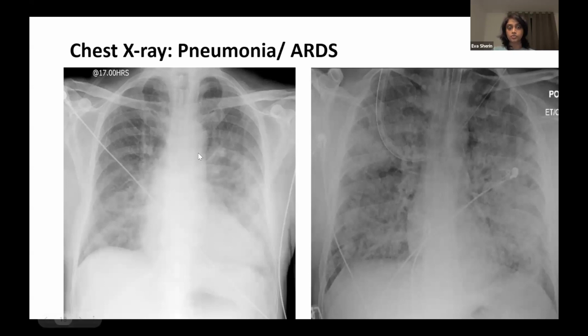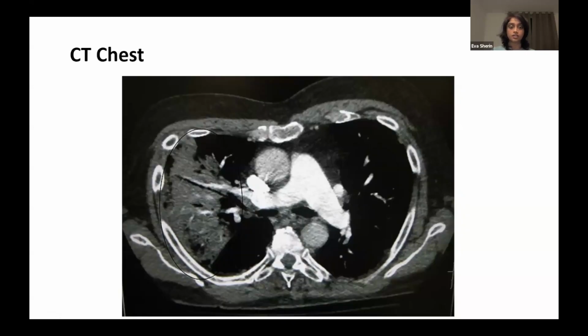So you can see the difference between a pneumonia X-ray and an ARDS X-ray. ARDS looks way more, I can't say ferocious, but way more aggressive when it comes to the lungs. So that's how you can see that there are diffuse, fluffy infiltrates.